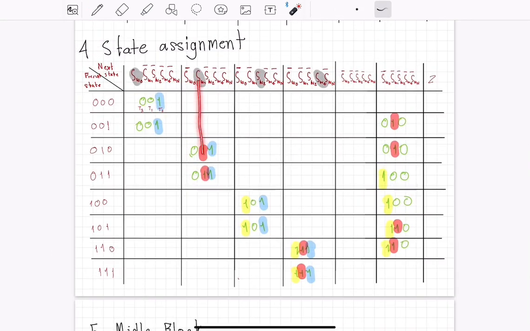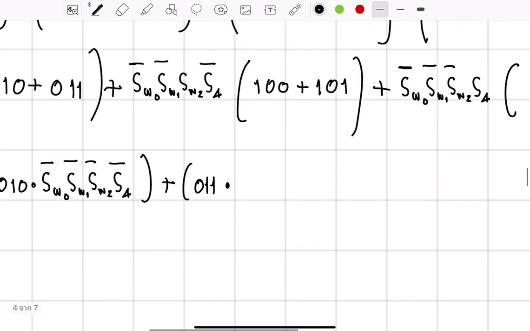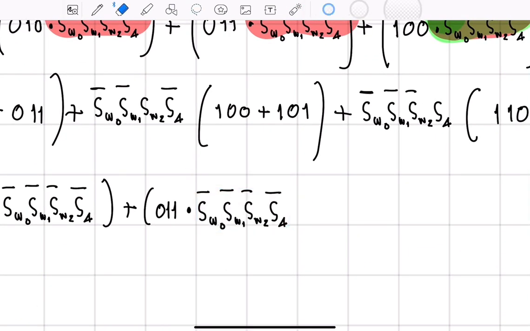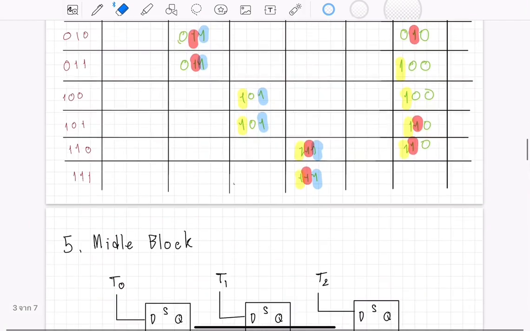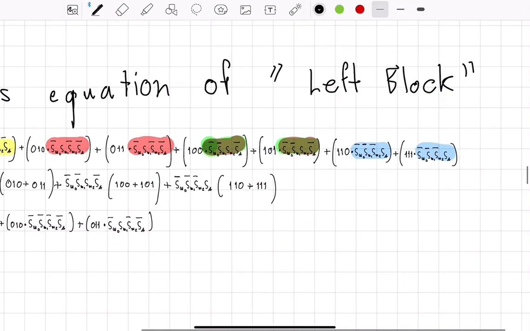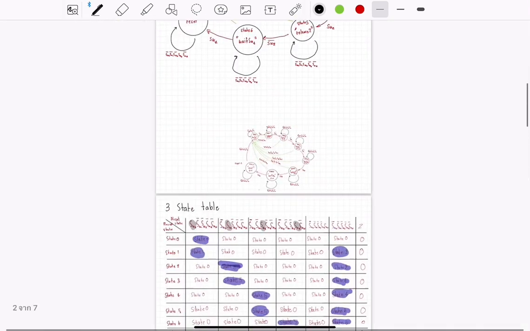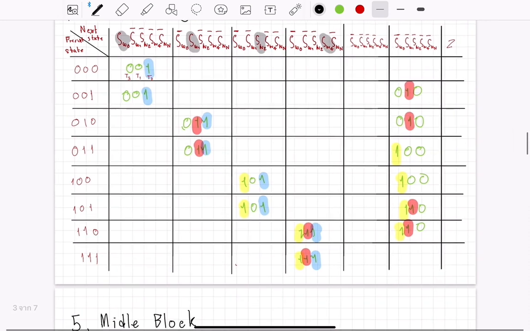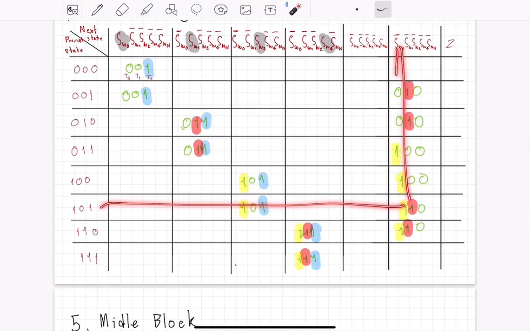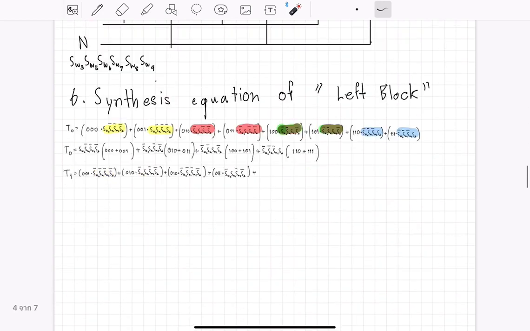If you're looking at next state switch 1 and present state 0, 1, 1. 0, 1, 1. If switch 1. Alright. Yep. Okay. And this and this and this and this. Alright.